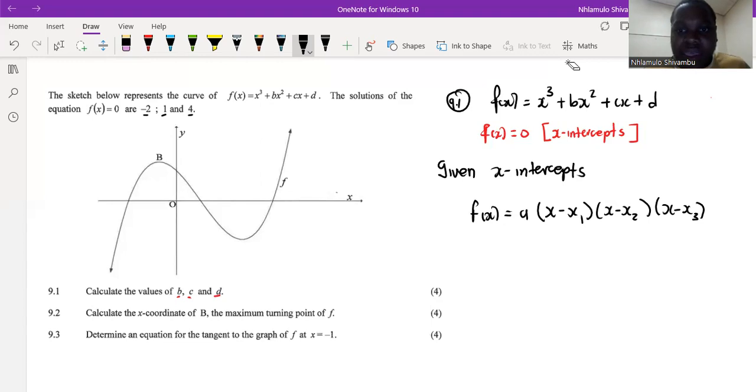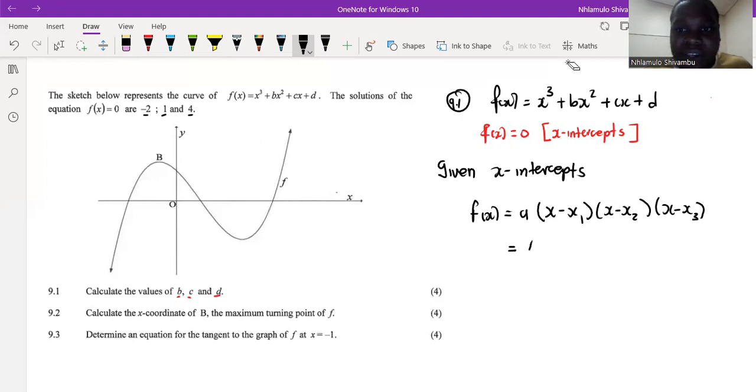The value of a is given in the equation above, because a is the coefficient of the cubed variable. The coefficient of x cubed is 1, so that becomes the value of a.